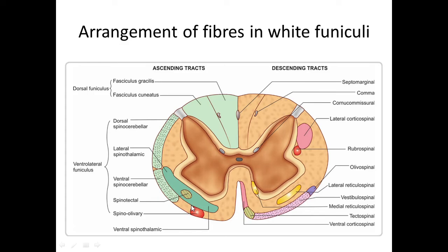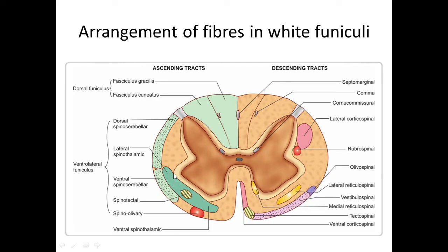So there are three tracts in the anterior funiculus: the ventral spinothalamic tract, the spinotectal tract, and the spino-olivary tract.